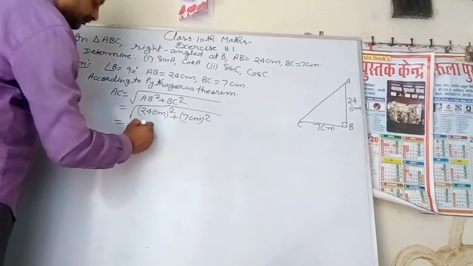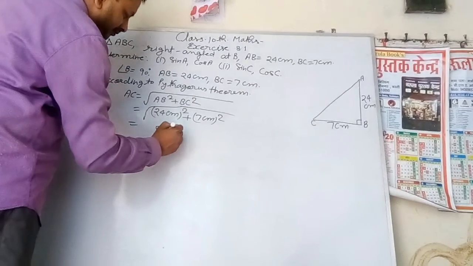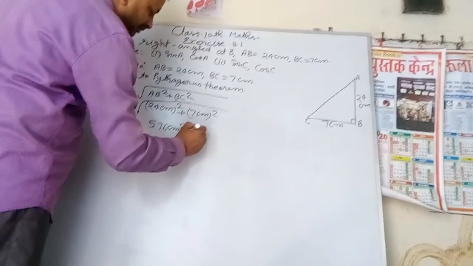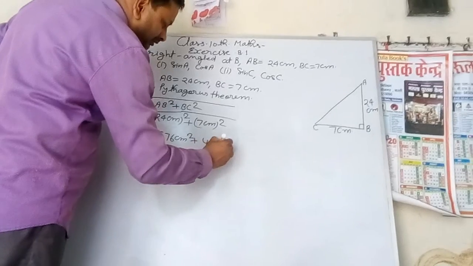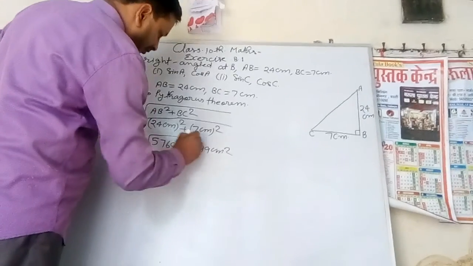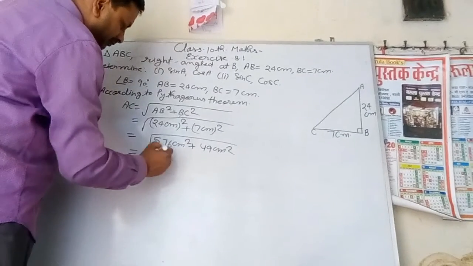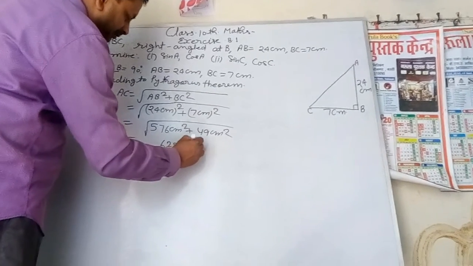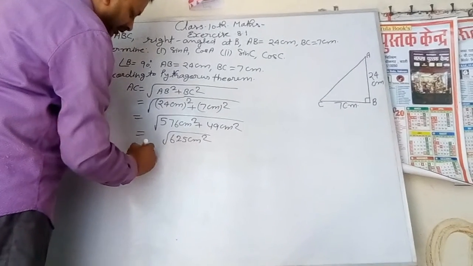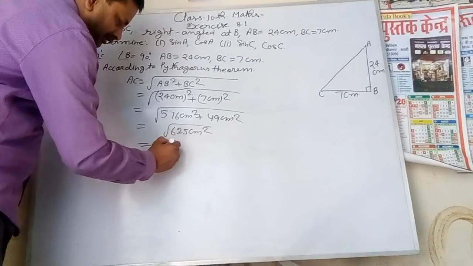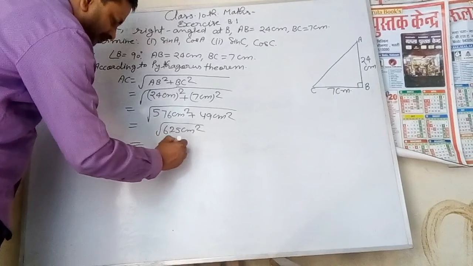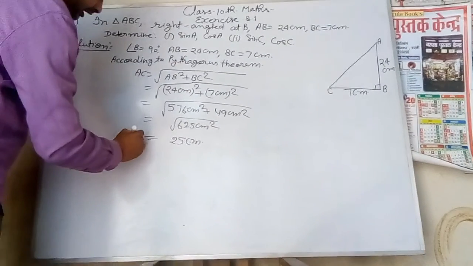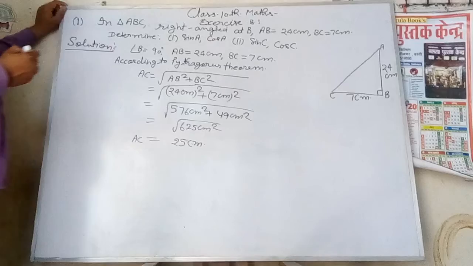Square of 24 is 576 centimeter square plus 7 square is 49 centimeter square, and sum of these values is 625 centimeter square, and the square root of 625 centimeter square is 25 centimeter. Now AC equal to 25 centimeter.